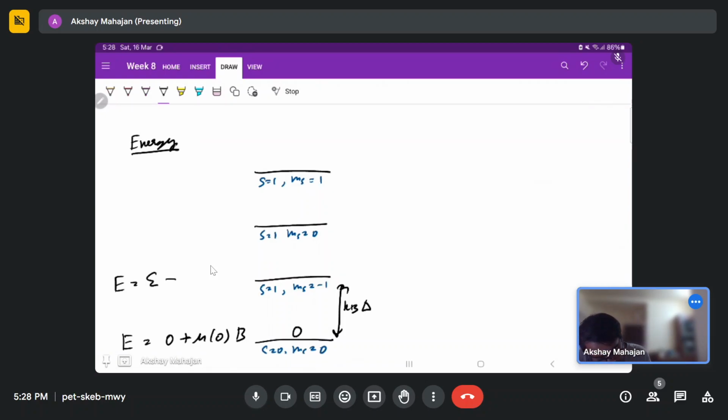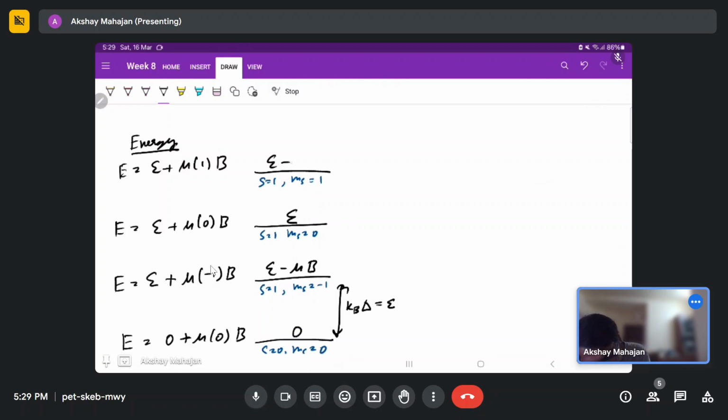So kB delta is equal to epsilon. Then the energy is epsilon plus mu times minus 1 times B, so it will be epsilon minus mu B. This energy will be epsilon plus mu times 0 times B, so it will be epsilon. And for ms equals 1, it will be epsilon plus mu times 1 times B, so epsilon plus mu B.